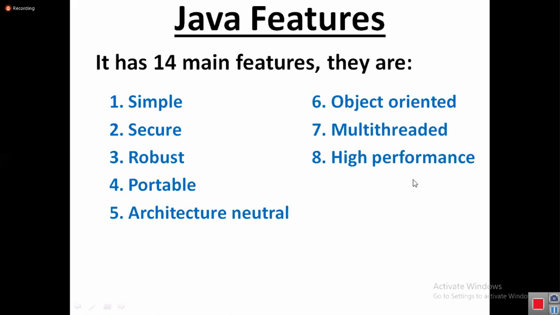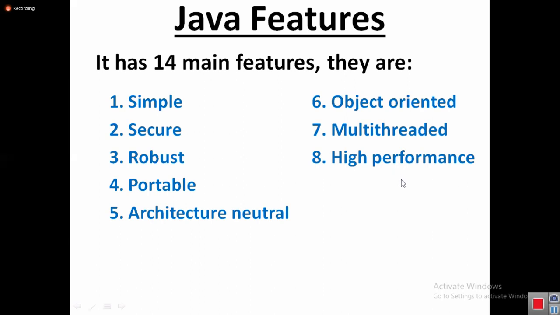Now moving to the next. Java is high performance not only with multi-threading, but also with a special compiler. There is a special piece of software implicit inside the JVM, and that software's name is the JIT compiler. Up to Java 1.0, 1.1, 1.2, Java provided high performance only with its multi-threaded nature.